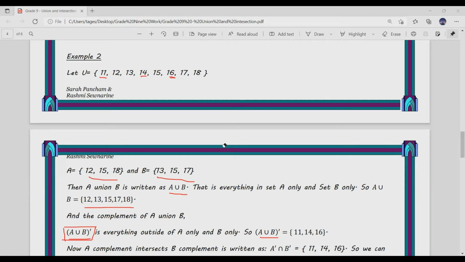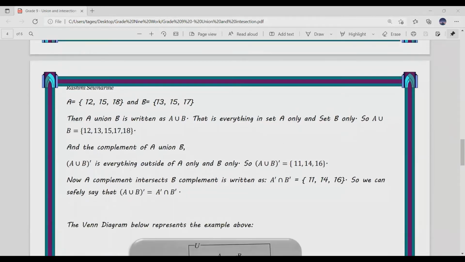Now, moving on. Good. Now, A complement intersects B complement. Note how that is written: A complement intersects B complement. Again, that is the same thing as A union B in the bracket, complement.